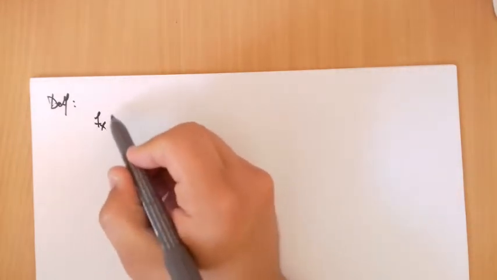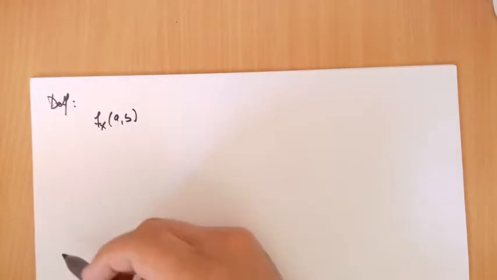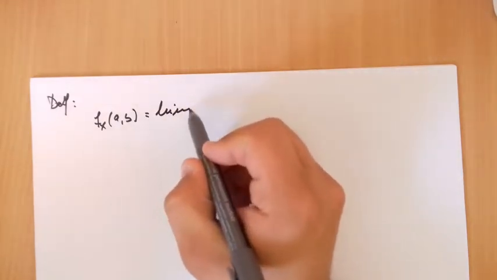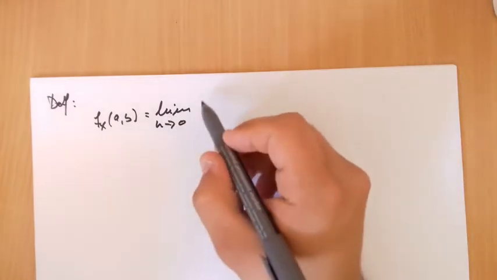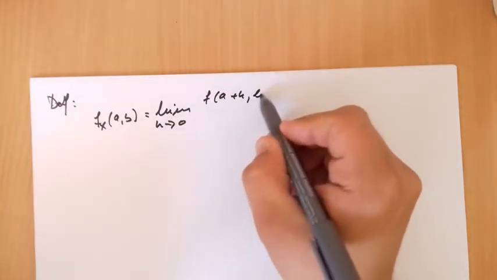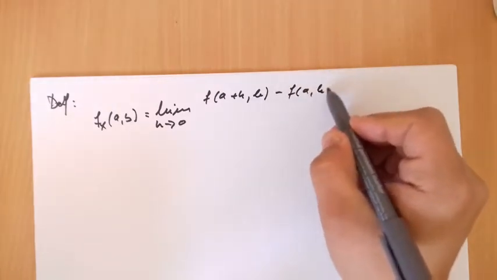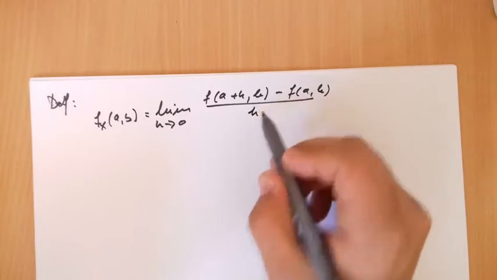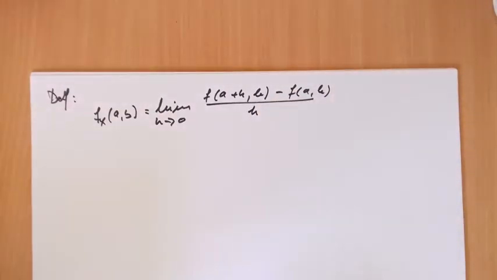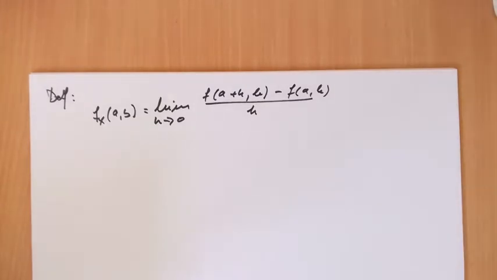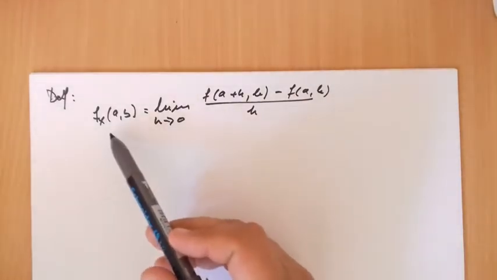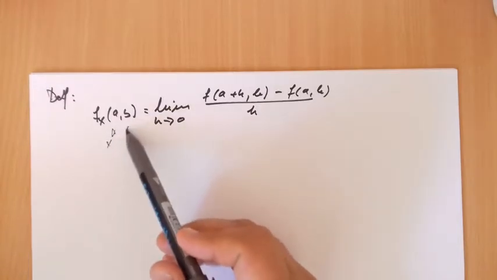One definition for partial derivatives is this one, for example, f_x(a, b) is the limit as h goes to 0 of (f(a + h, b) - f(a, b)) divided by h. So it is the same as the derivative of one function with respect to x, but here we are dealing with two variables, so this can be x and this can be y.